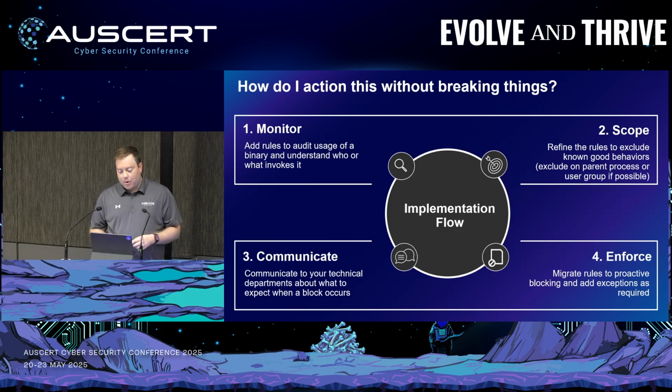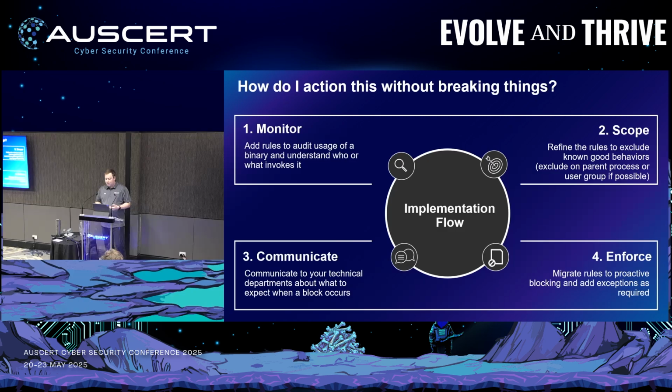It's also really important, and as a security guy, I always forget this step, but we need to communicate. When we're removing functionalities or stopping stuff up front from running, it's a great outcome, but we need to make sure people know what we're doing, how we're doing it, and how to get around it. Do we have an exemption workflow? Can someone modify the rules? Who's allowed to modify the rules or give approval?